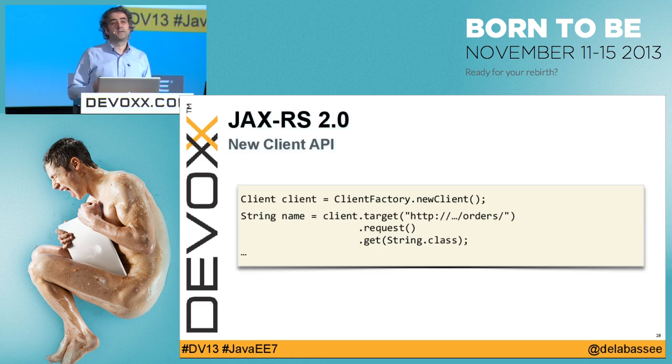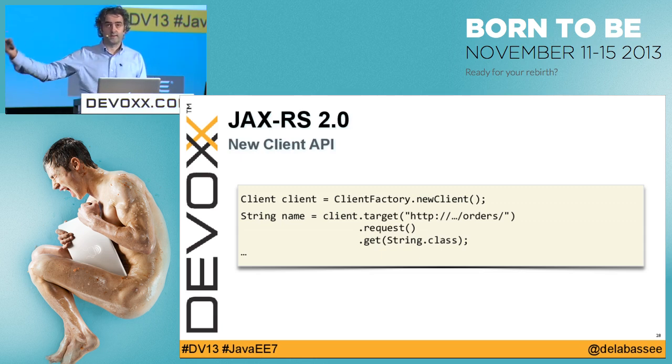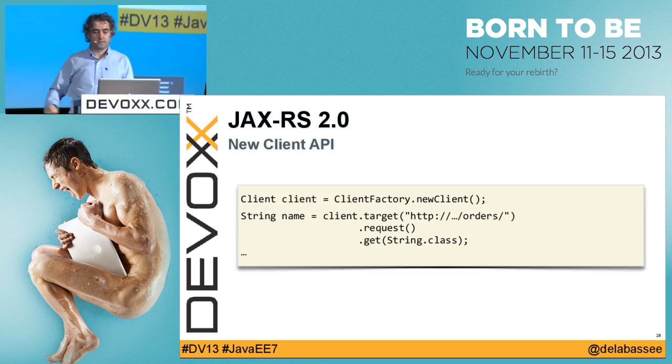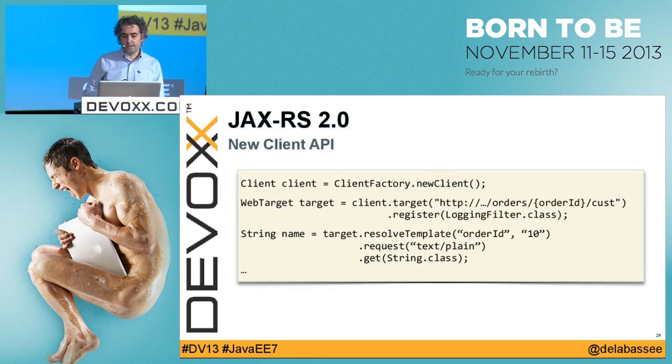You configure the client instance with a target. Then you create a request based on that target. You invoke the request, and you are done. So you see that it's a fairly elegant API. It really matches the way we program on the backend side, I mean, JAX-RS backend side services. So I think that this is more or less the most simple way to use the API, but the API is obviously more powerful than that.